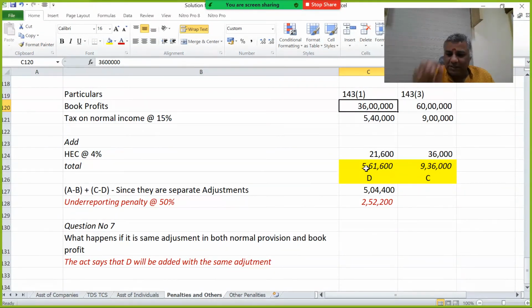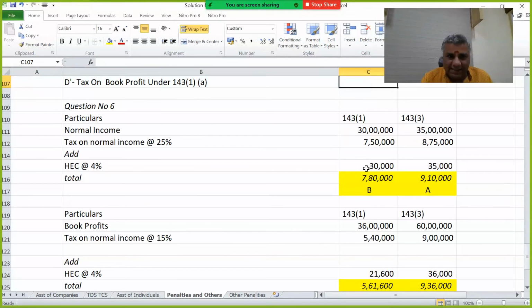For example, in this question, 5 lakhs. Look how the answer changes.